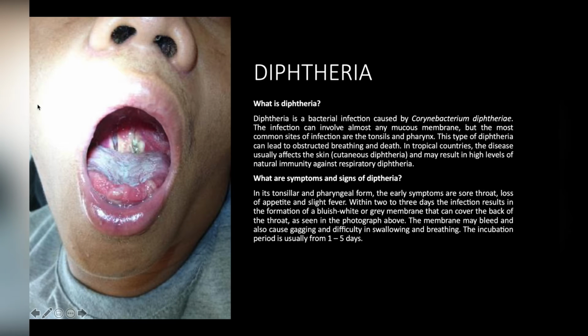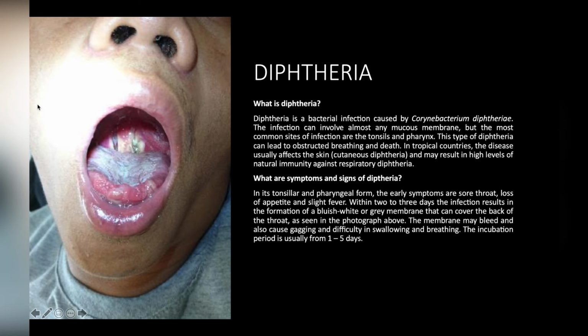Diphtheria. It is a bacterial infection caused by Corynebacterium diphtheriae. The infection can involve almost any mucous membrane, but the most common sites of infection are the tonsils and pharynx. This type can lead to obstructed breathing and death.